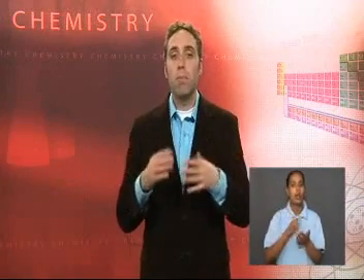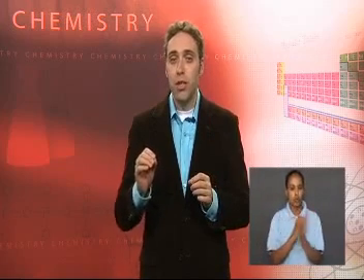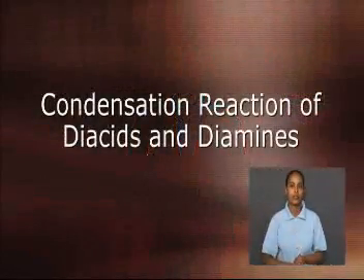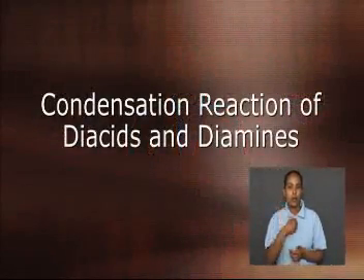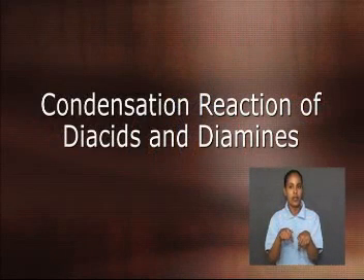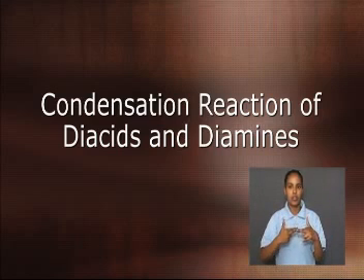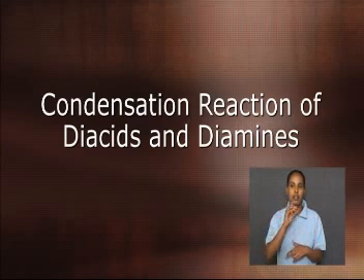In the last few lessons, we learned about many different synthetic polymers. One aspect that they all have in common is that they are produced using the process of addition polymerization. The polymers we are studying today are produced by the condensation reaction of diacids and diamines.